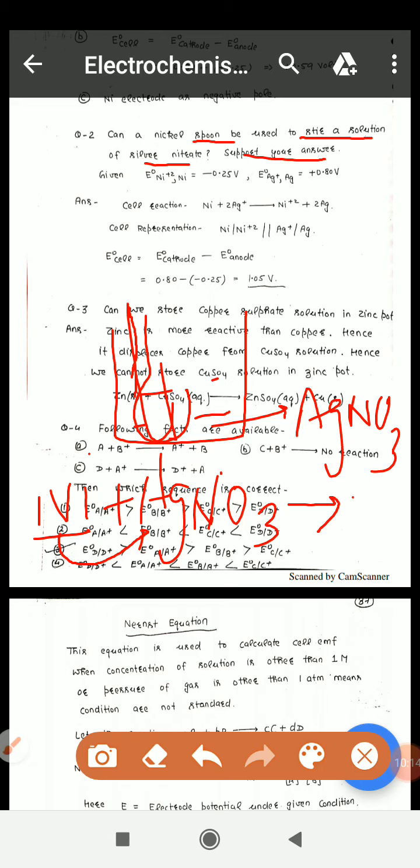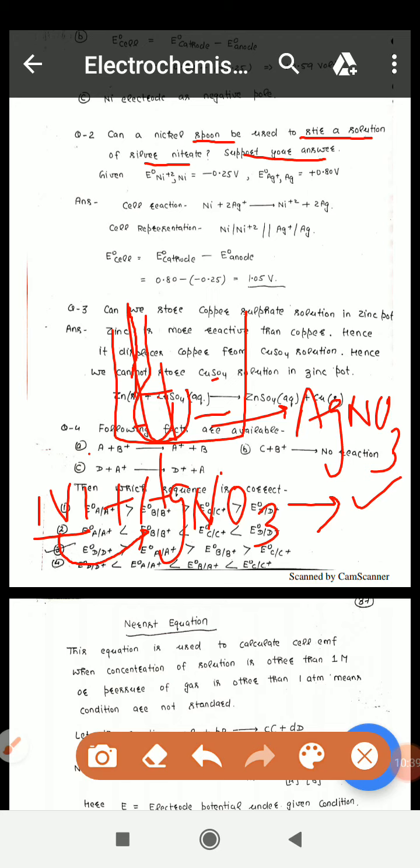So the reaction is spontaneous, the reaction is feasible. It means that if we stir the silver nitrate using the nickel electrode, then the nickel electrode undergoes decomposition. So it is not possible to stir the silver nitrate solution using the nickel electrode. This is the first, simple method by which we identify.